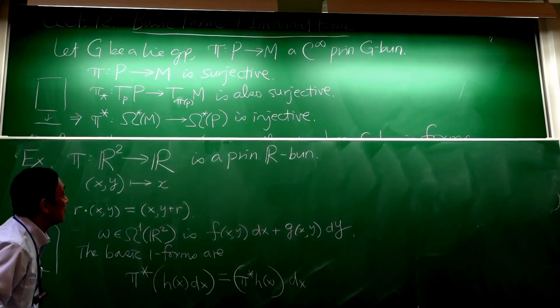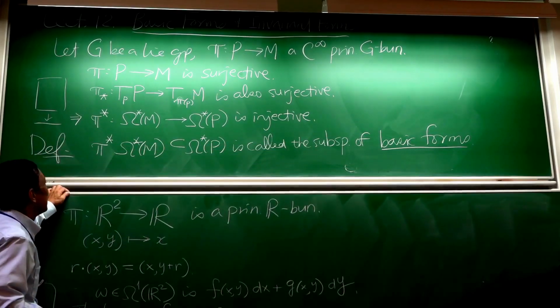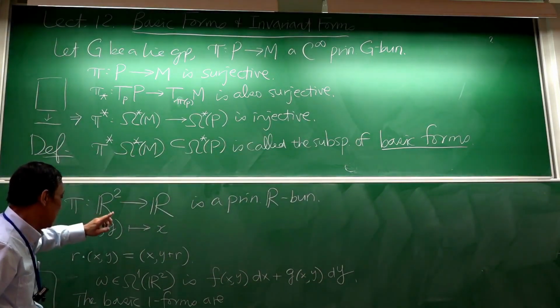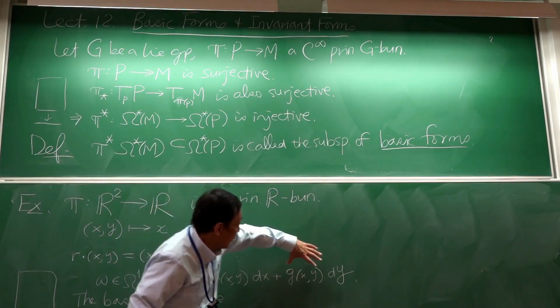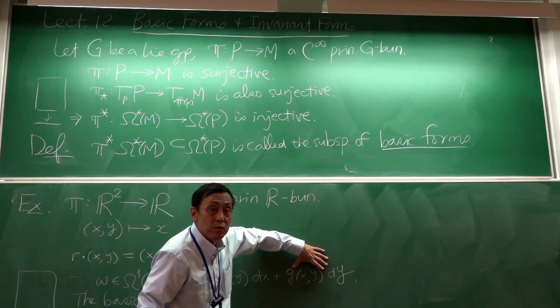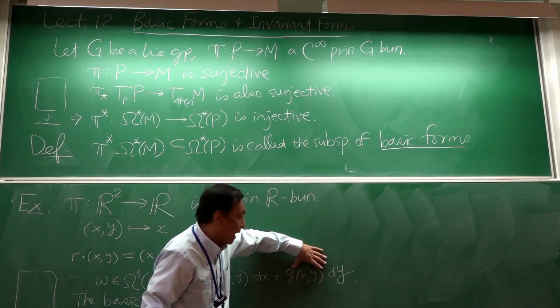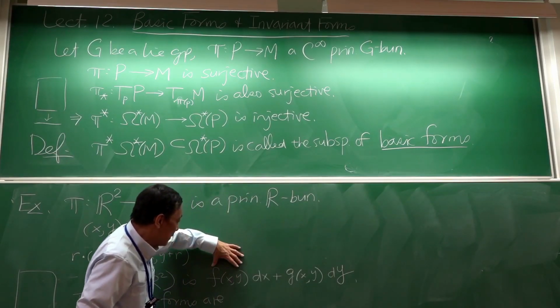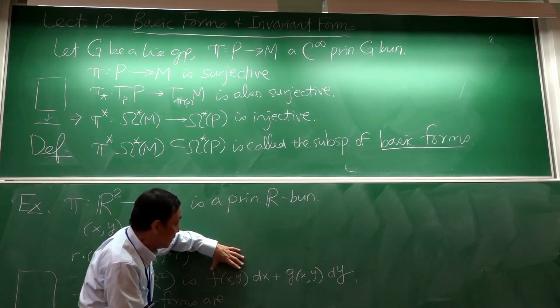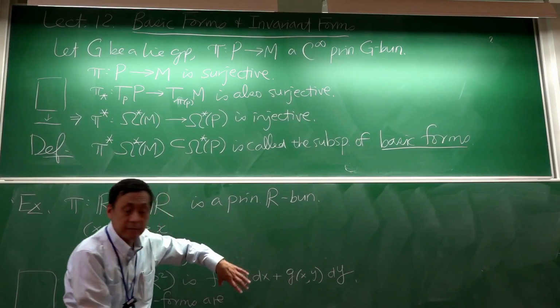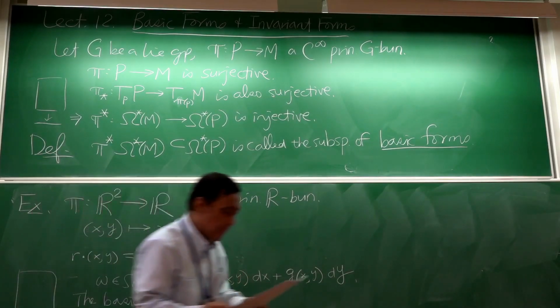Okay, so you see that a one form is basic, first of all, if it has no dy term, and then this f cannot involve y. This must be a function of x alone.